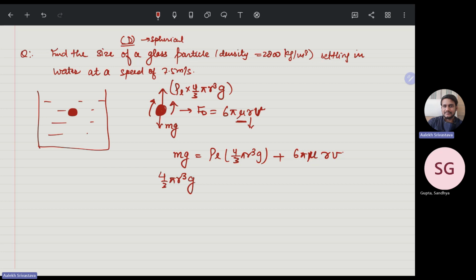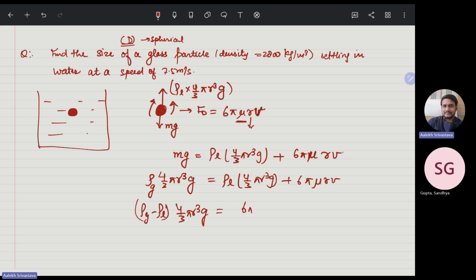This is the weight, equal to rho l 4 by 3 pi r cube g plus 6 pi mu rv. So you can directly calculate the terminal velocity that is achieved. The r will cancel from the drag term and it is r square.